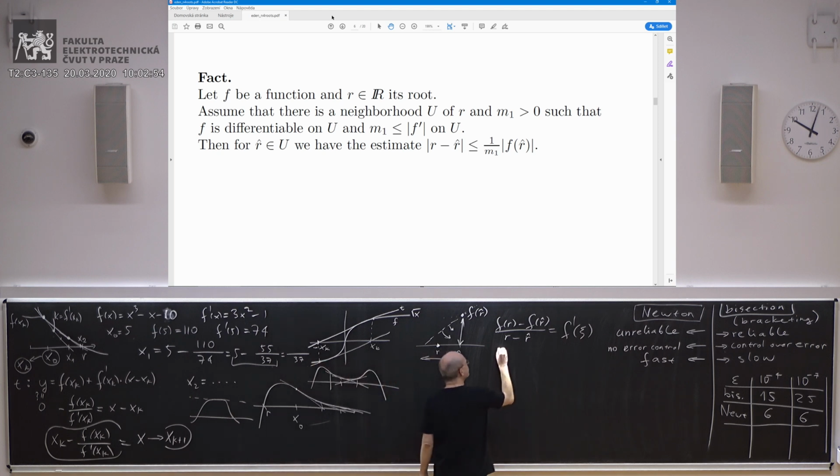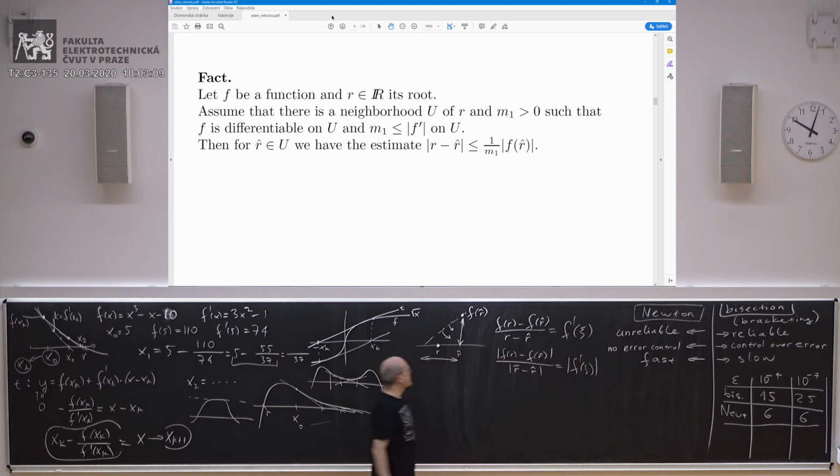So I'm applying absolute value here, and here, and also here. Now the mysterious point psi happens to be between r and r hat. So they all live in this neighborhood U. So definitely the derivative is bounded from below by m1.